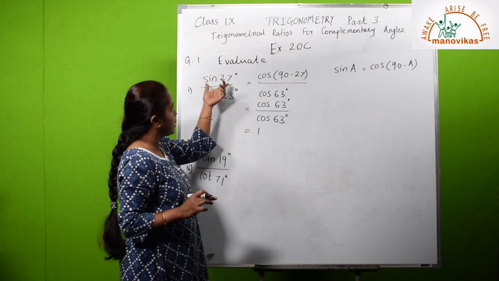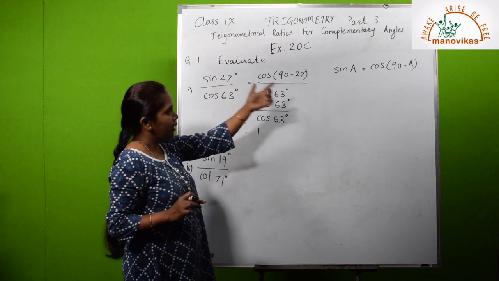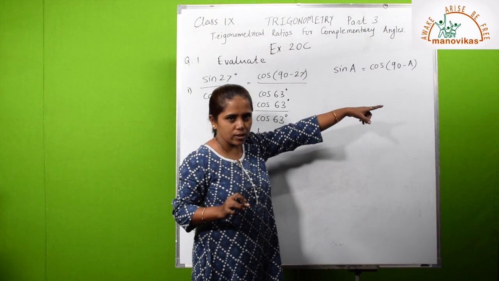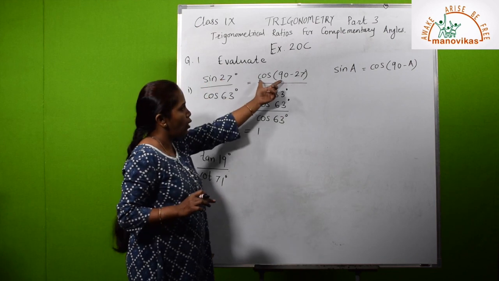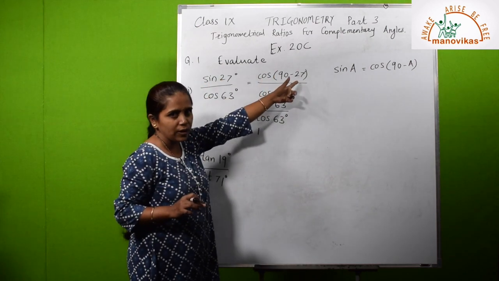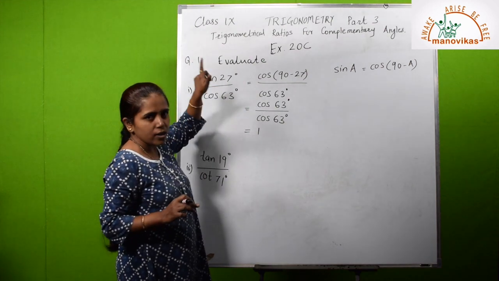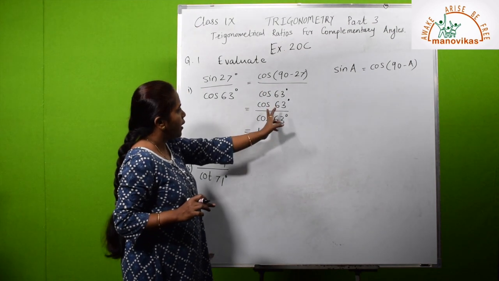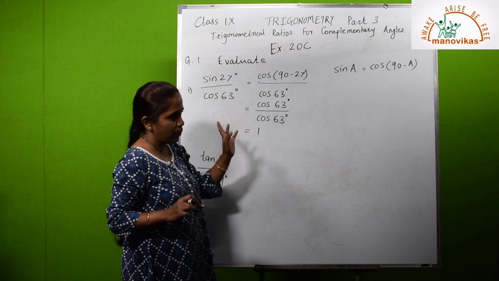Now either change the sine 27 or cos 63. Now sine A we can write in the complementary angle form as cos 90 minus A. So I have written sine 27 as cos 90 minus 27. Here A value is nothing but 27. So cos 90 minus 27 is cos 63 divided by cos 63, you get 1.